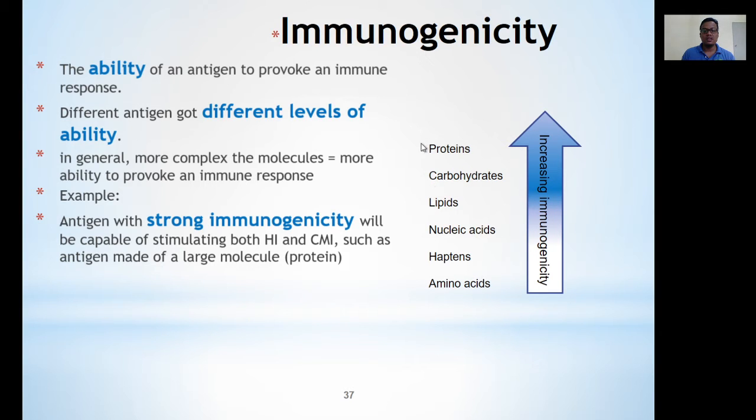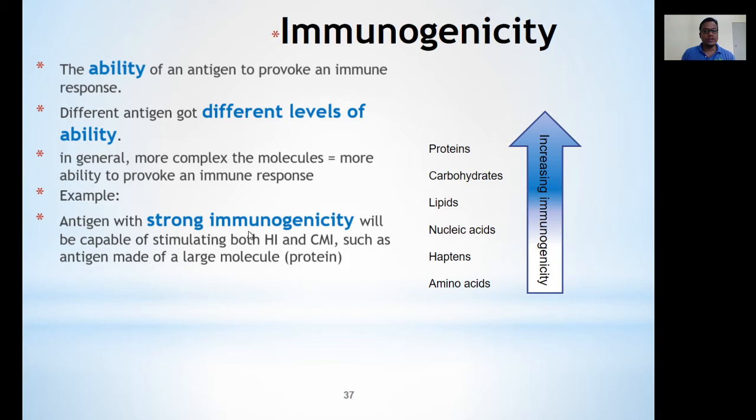Proteins are the best. Second are carbohydrates. Lipids, nucleic acids, haptens, and amino acids are very poor antigens because they have very low immunogenicity. So the ability of nucleic acids, haptens, and amino acids to provoke an immune response is very low.